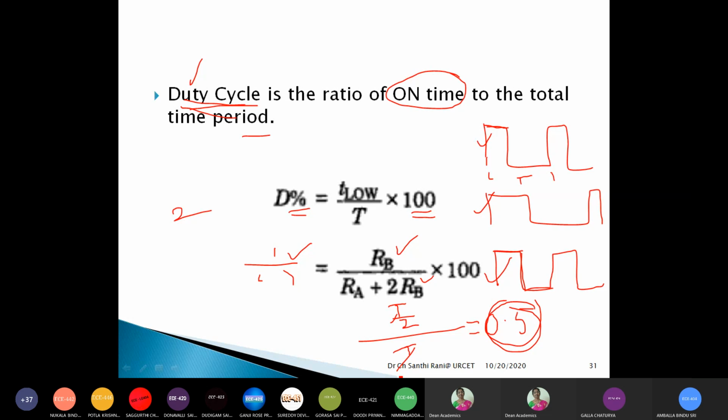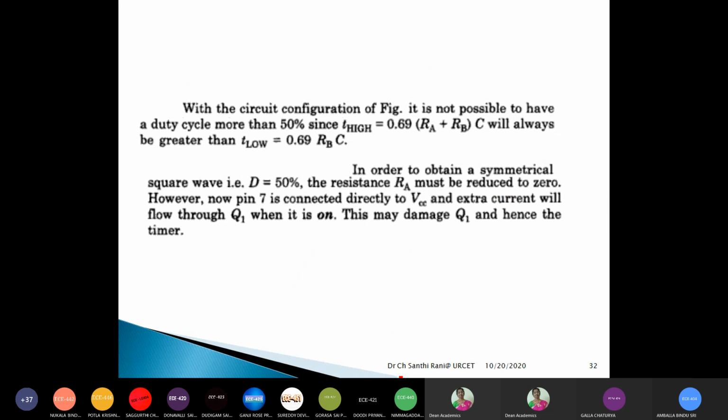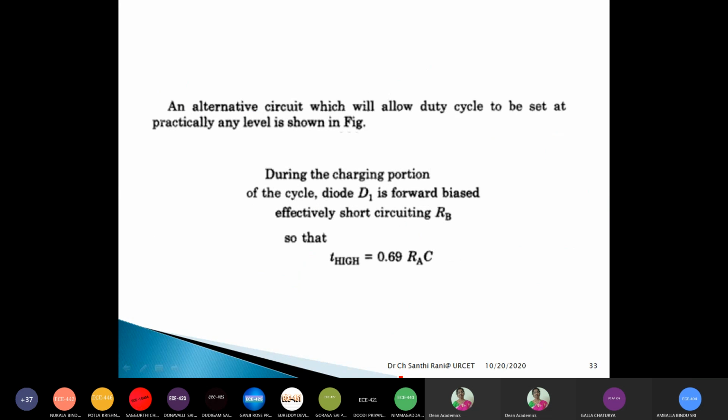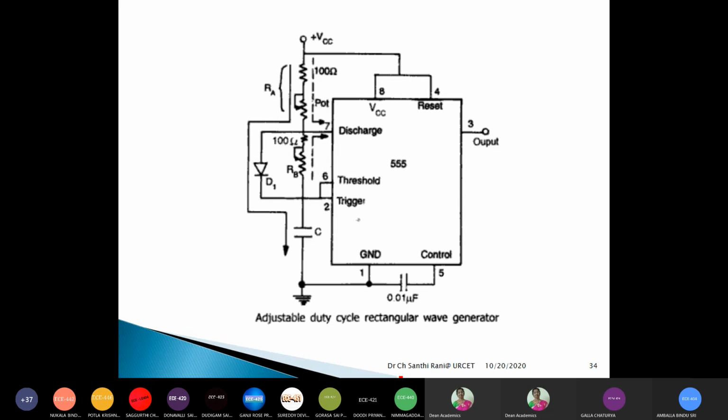Okay. So therefore, what we do is we can have another arrangement, an alternate circuit, where during the charging path one diode is connected across this RB. Diode is connected across RB.